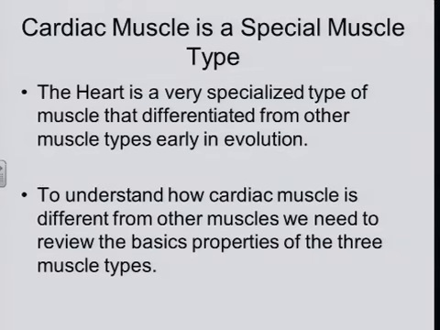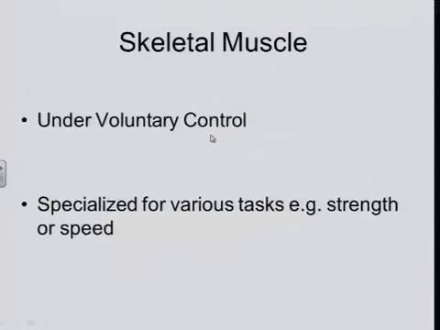So you have a heart, and it's a very specialized type of muscle. It's got one task to do, but it's absolutely essential, differentiated very early in evolution. And to understand how it's different from the others, we're going to look at and know the basic muscle types and properties. The muscle, of course, that's most abundant in our body is skeletal muscle.